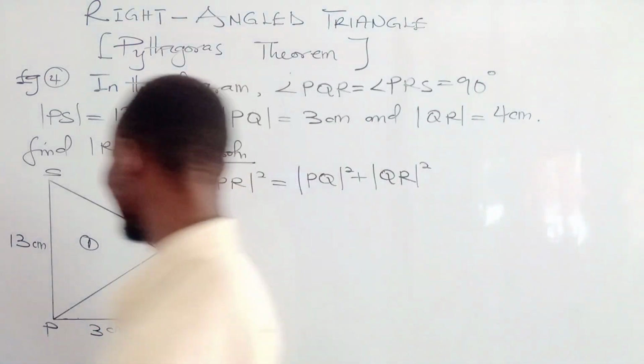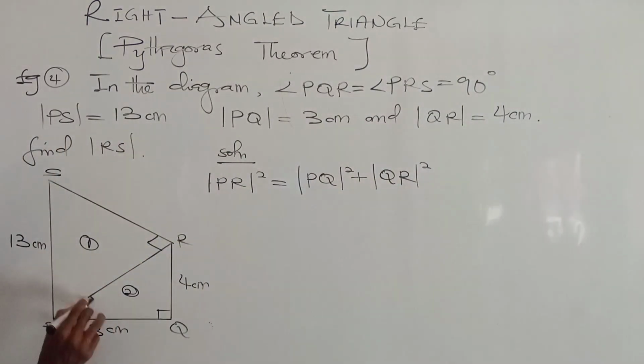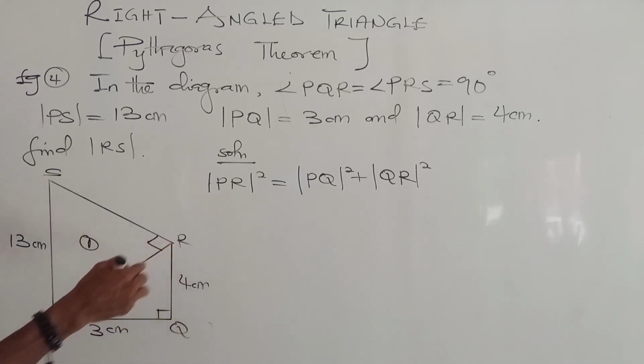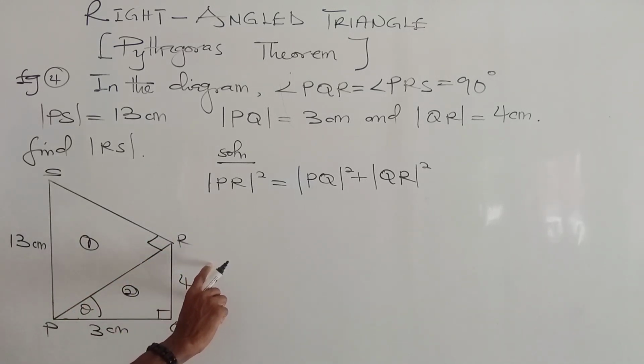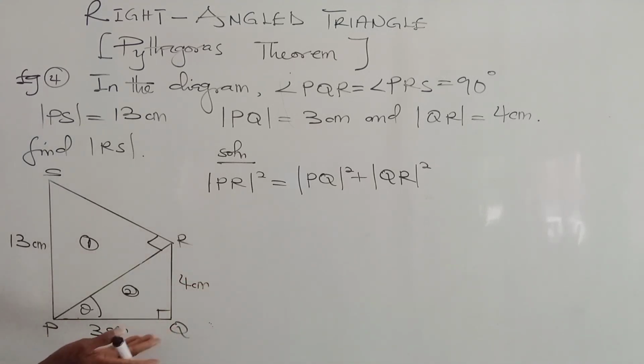Let's say I have an angle theta formed here. So QR, which is opposite to the angle, is called the opposite. And this last side, at the base of the triangle, is called the adjacent. So PQ is the adjacent.